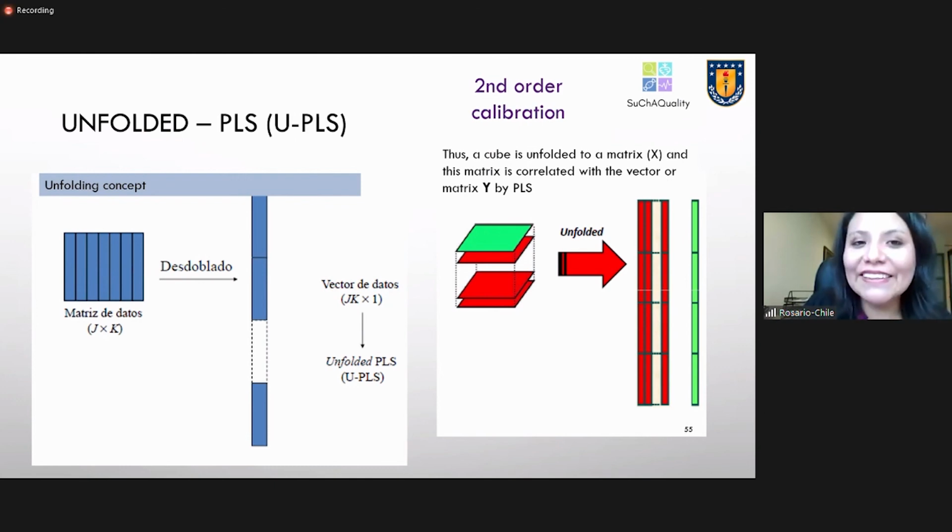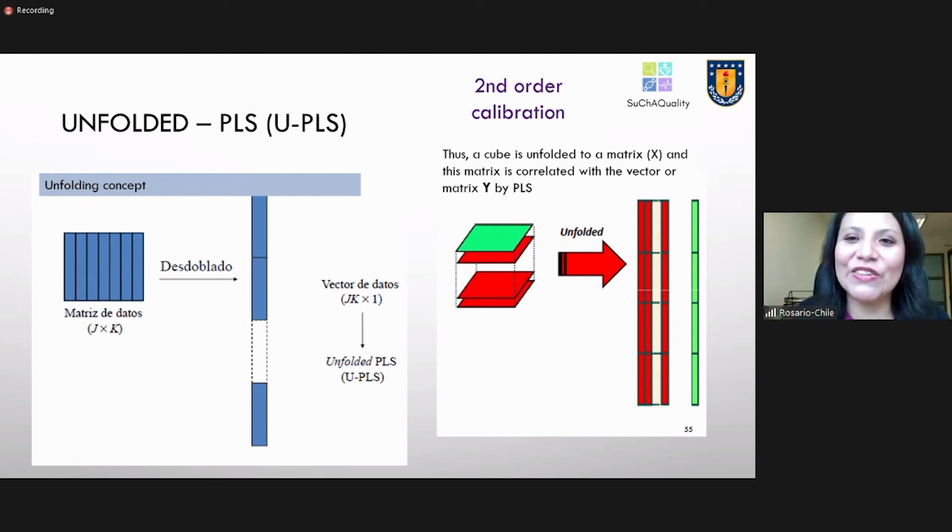So I need to include all the interferences in the calibration, and my prediction sample must have the same interferences, okay? But in second order calibration, I have another advantage. I can analyze my compounds in the presence of interference, but maybe my sample has another interference that was not present in my calibration set, and the model will still work very well.